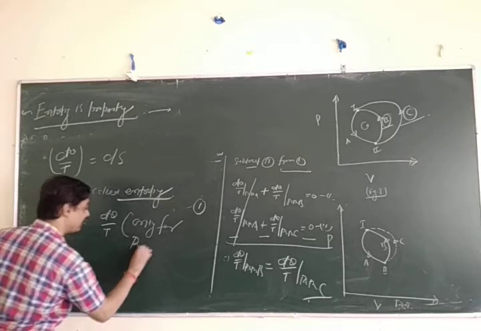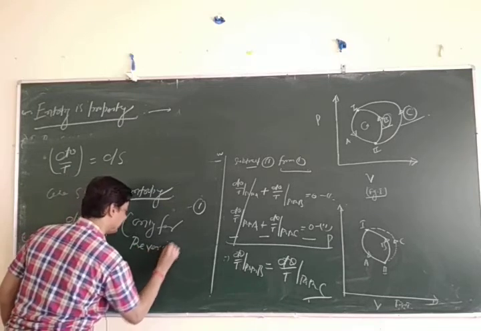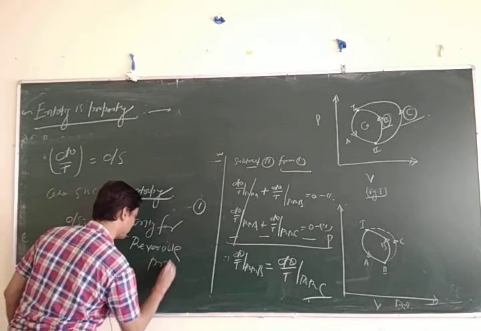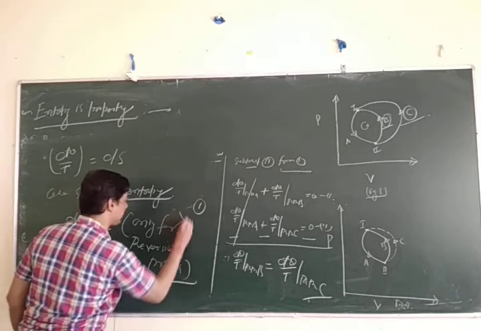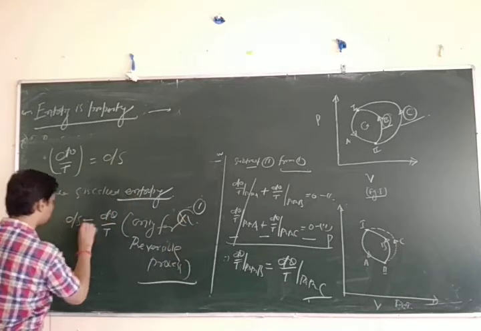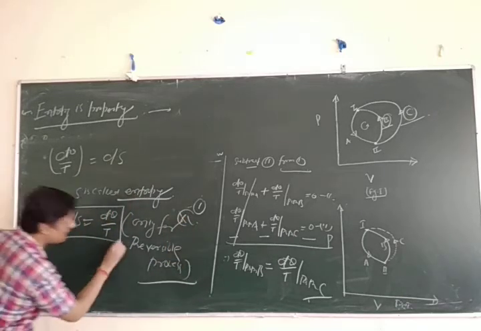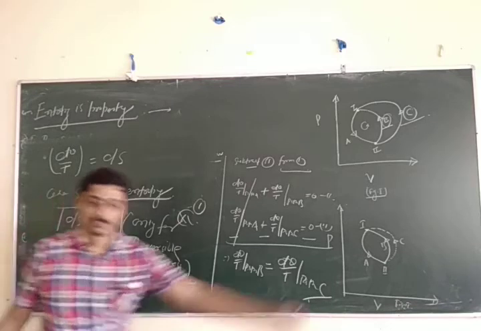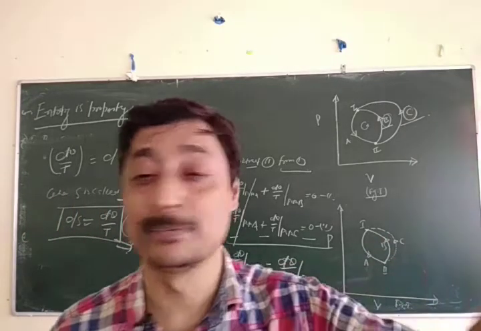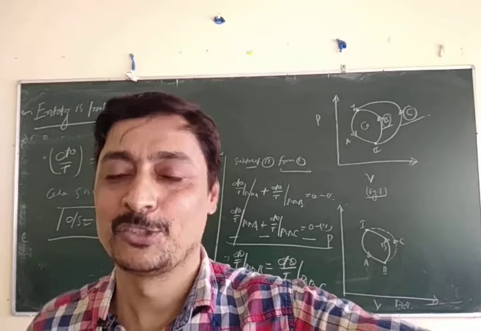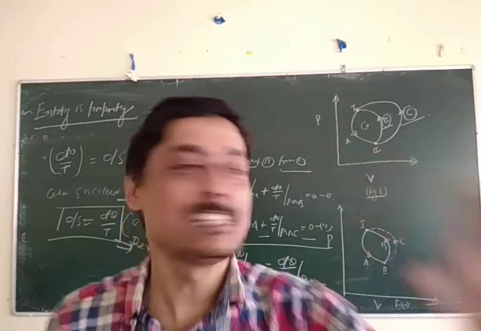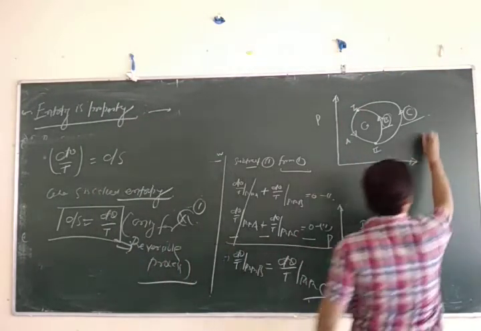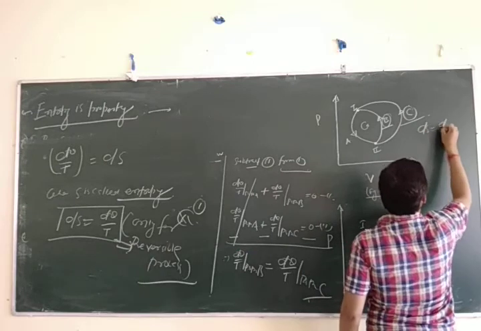only for reversible process. Remember, this is very important. ds is equal to dq by t only for reversible process, not for irreversible and so on. So for a reversible process, ds is equal to dq by t.